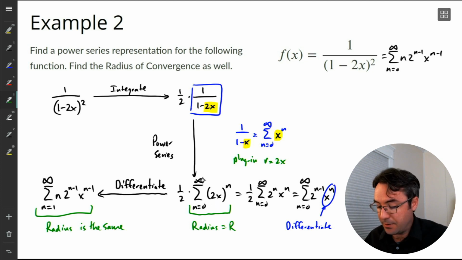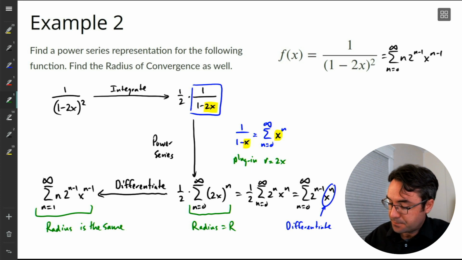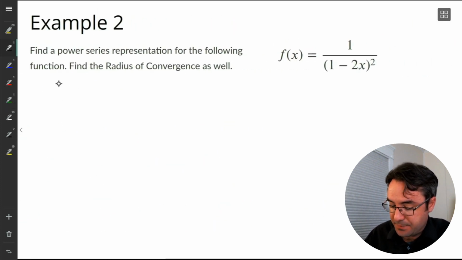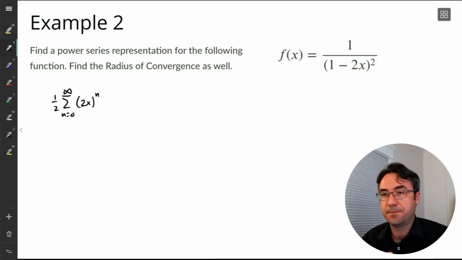So if we can find the radius of convergence for this power series, then because we differentiated, the actual power series that we're interested in has to have the same radius of convergence. So let's figure that out. So we have this power series 1/2 sum n equals 0 to infinity of (2x)^n.